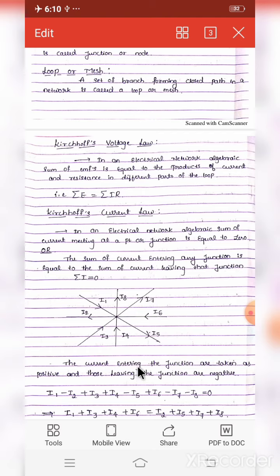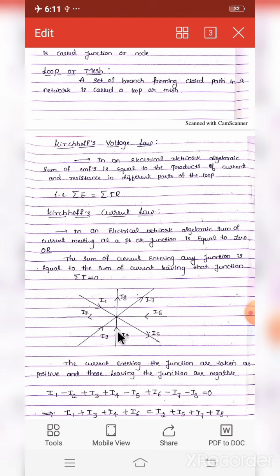So the currents entering the junction are taken as positive and those leaving the junction are taken as negative. See here, this is important. I1 is incoming, so that is positive, minus I2 means that is outgoing.